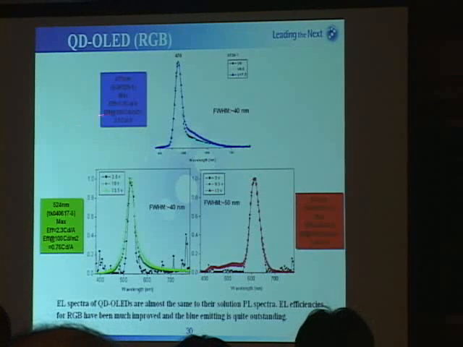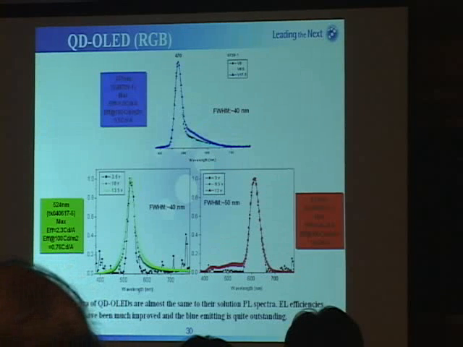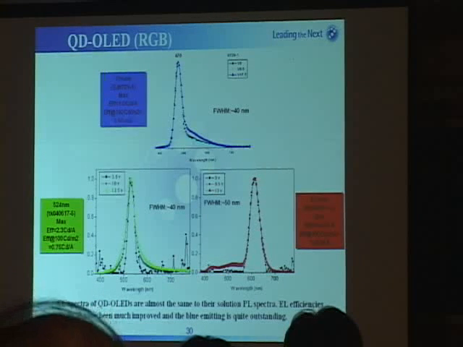We could achieve 1 candela per ampere. It used to be 0.01 candela per ampere. This value is practically useful for practical devices. But still, we have several important issues, particularly the lifetimes.